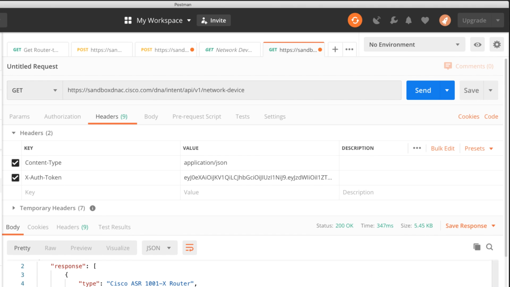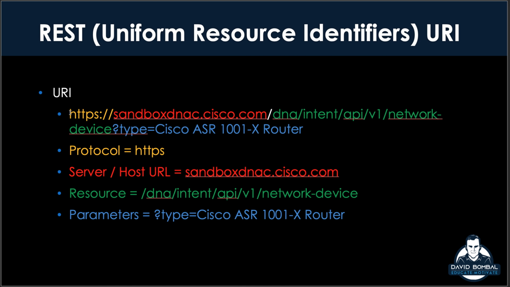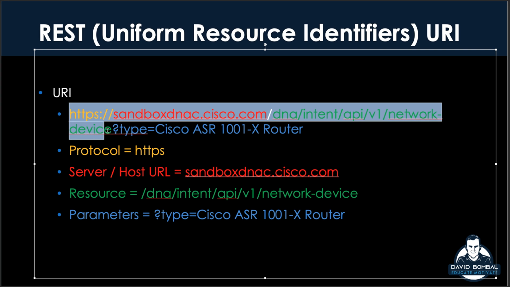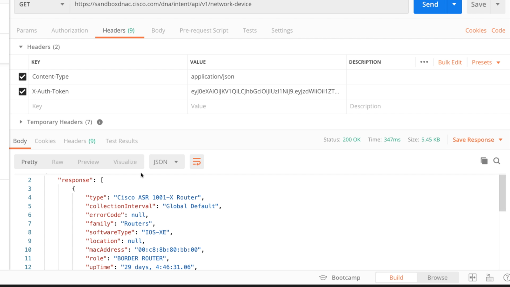Now what you can do is edit that API. Remember, what we've done here is we've connected to this part of the URL. But what we can do is specify some parameters. So we could specify, as an example, the type. How do I know that?